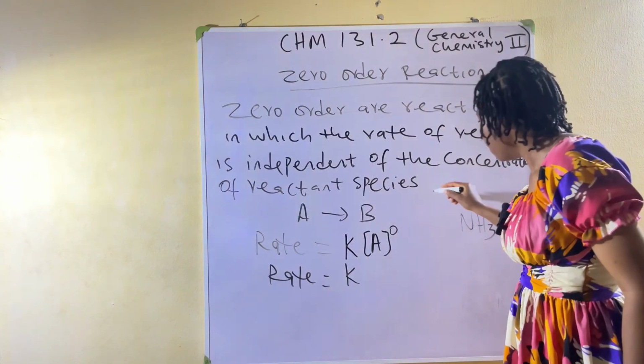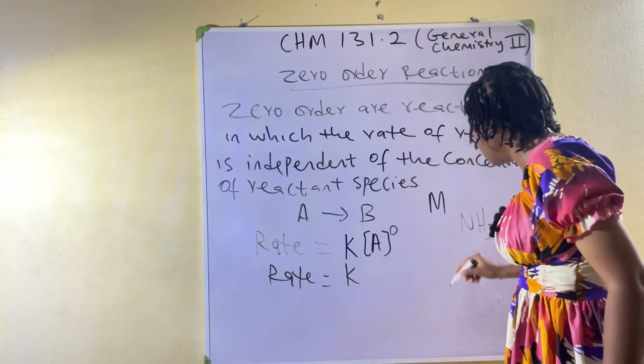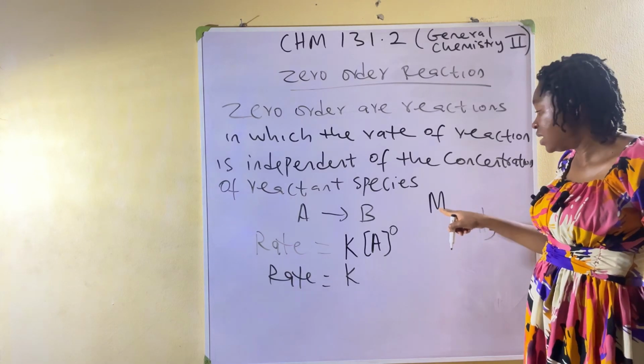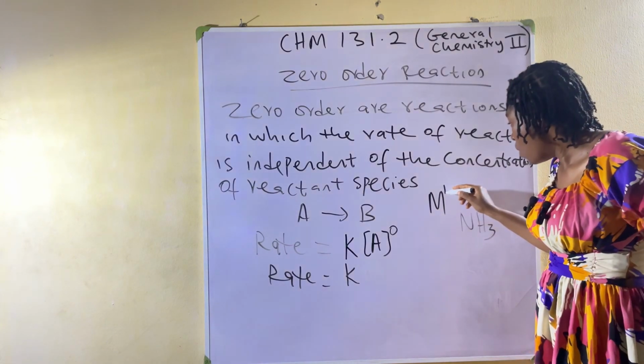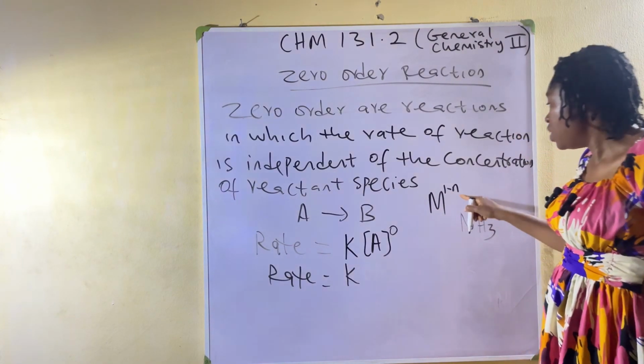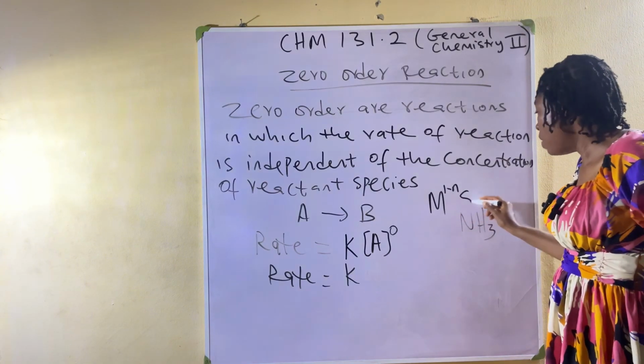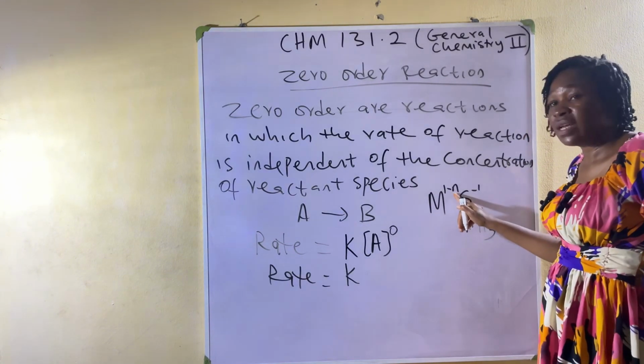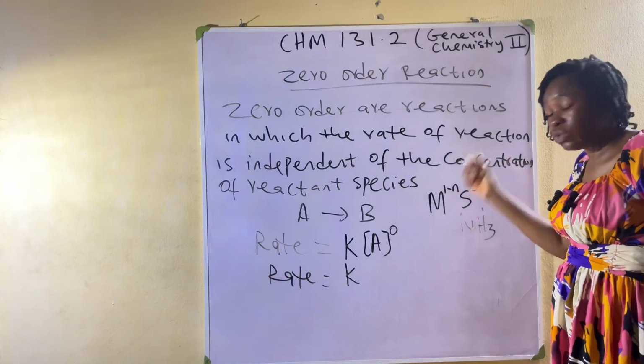So let's look at the units of zero order. Like I said before, we use mole per liter or mole per dm cube, the molarity sign, to the power 1 minus n per seconds. If n is zero order, 1 minus 0 is 1.